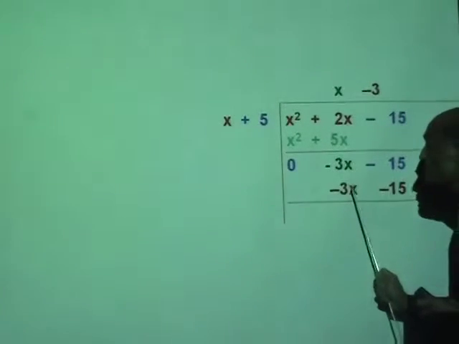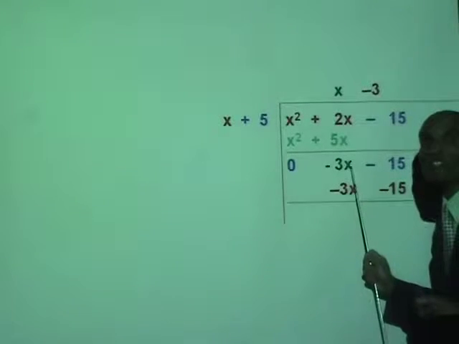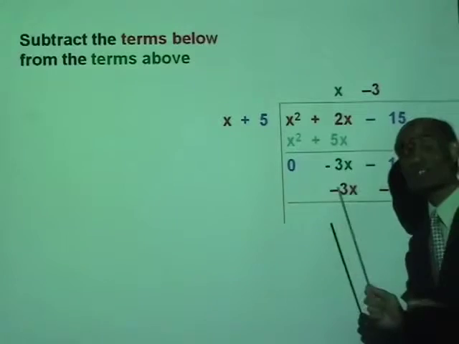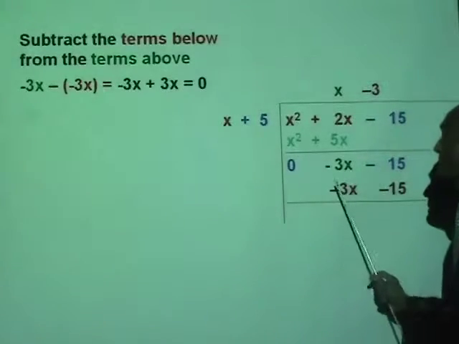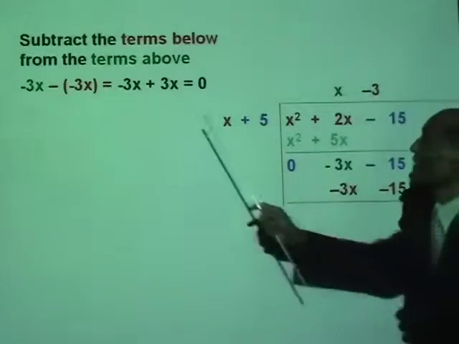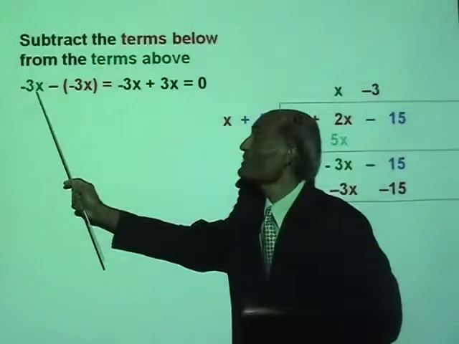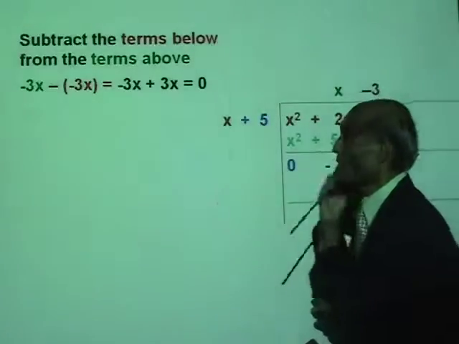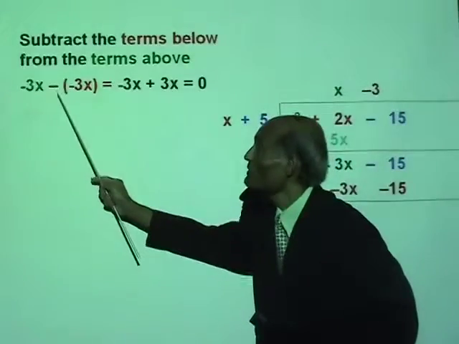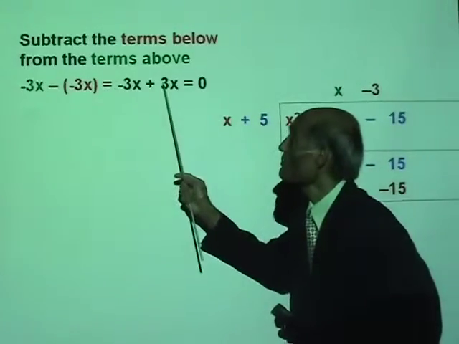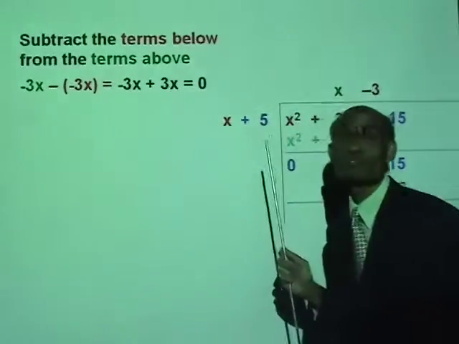Subtract what? Subtract the terms below from the terms above. Now, if you notice, the terms below here are exactly the same as the terms above. So if you subtract, what will happen? That will be negative 3x minus negative 3x. Look at the way I wrote it. Negative 3x minus negative 3x will become negative 3x plus 3x. The double negatives will become positive. Negative 3x plus 3x equals 0.